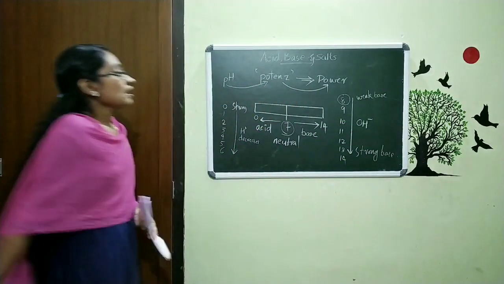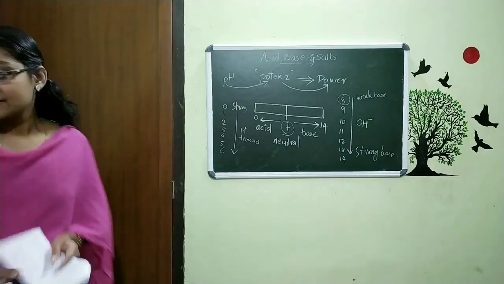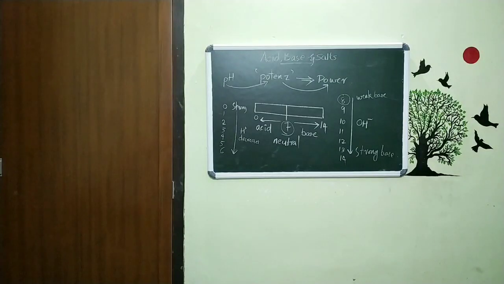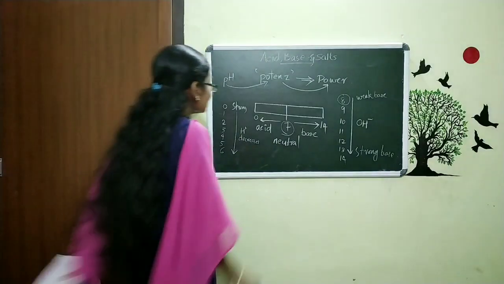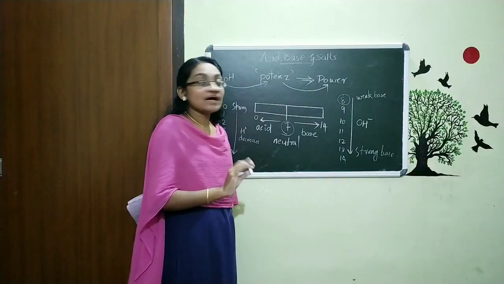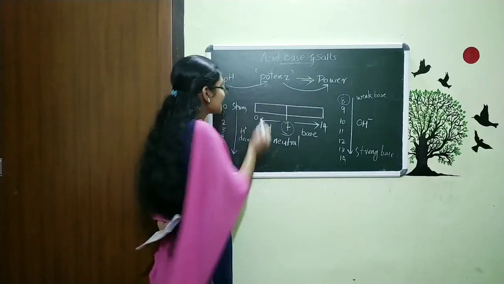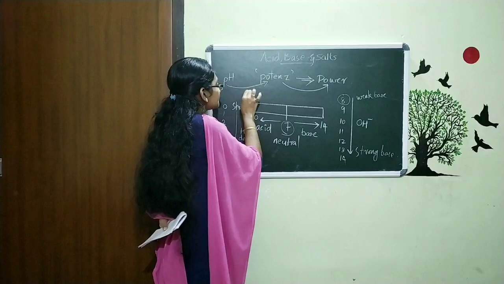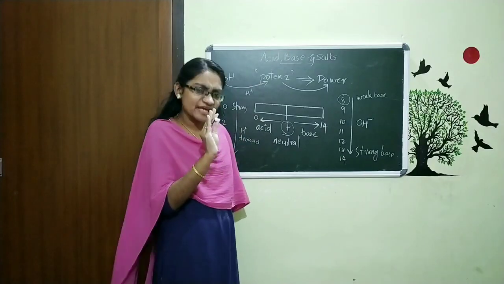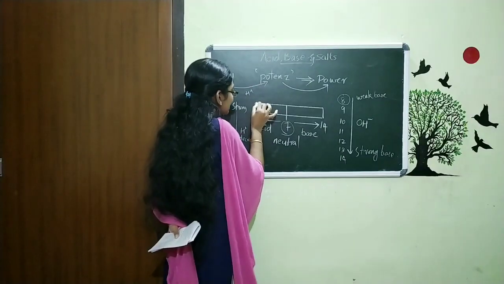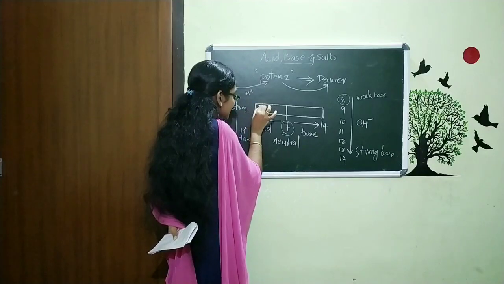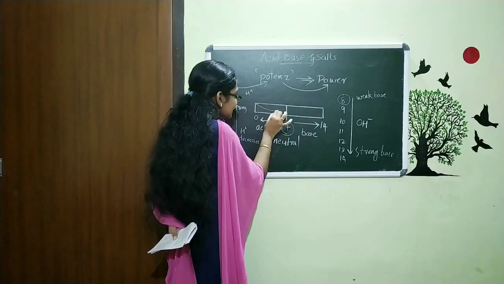So in your textbook you can see one graph on page number 25, Figure 2.6. There you can see that they plotted the value of H plus ions. At this 0, the H plus ion concentration is very high, and then it is getting decreased.